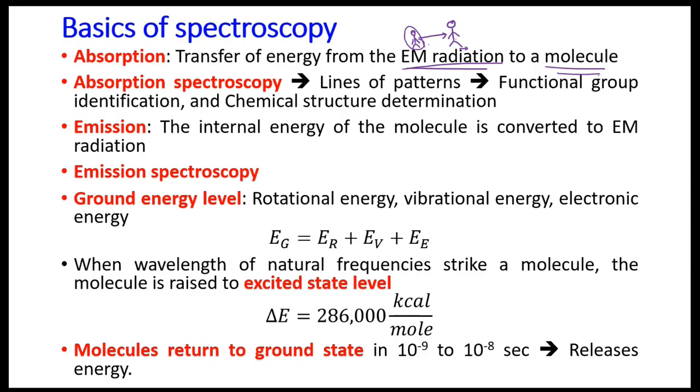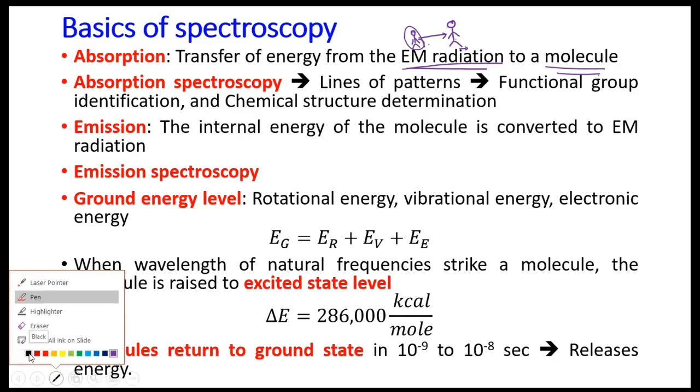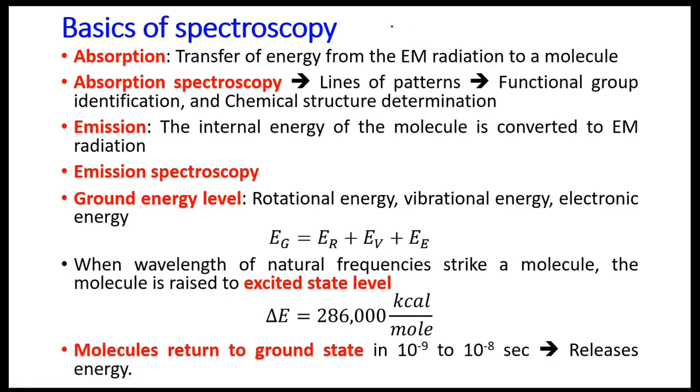So in a basic spectroscope, we have a light source. Then we have some matter. The light source is emitting some EMR, say 100 photons.